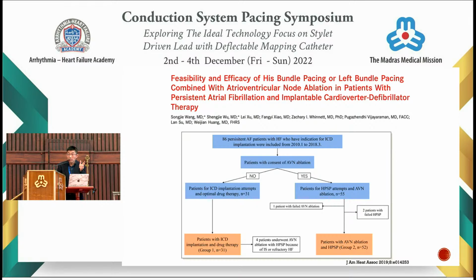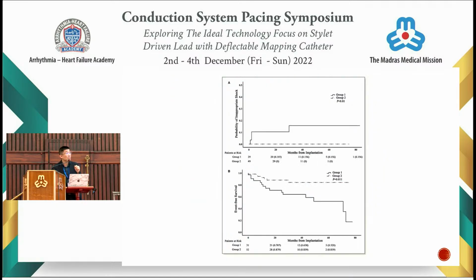Is there evidence? Yes, and this is from Dr. Wang's group. What they did was actually 86 patients with heart failure. Some patients obviously didn't want the AV node ablation. And there's another group of patients who underwent AV node ablation, and they were subjected to conduction system pacing, be it a His bundle or a left bundle area pace.